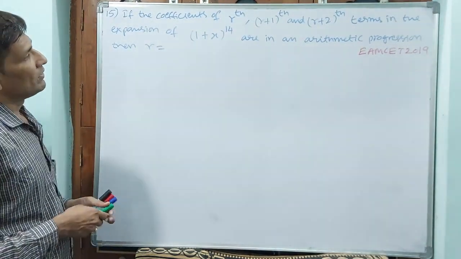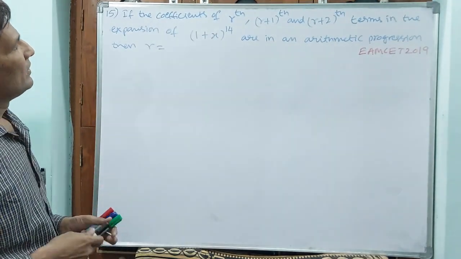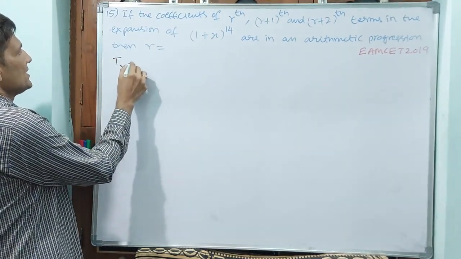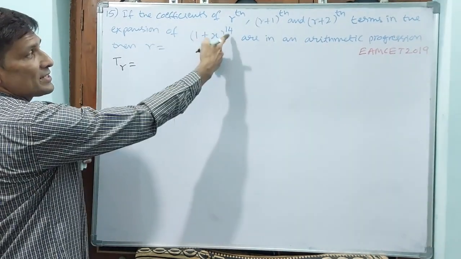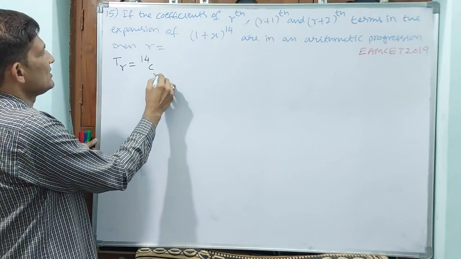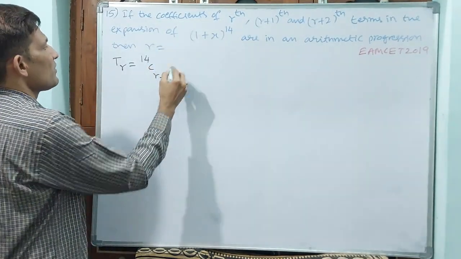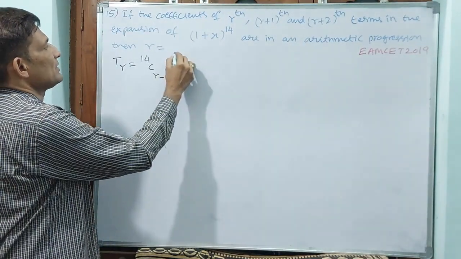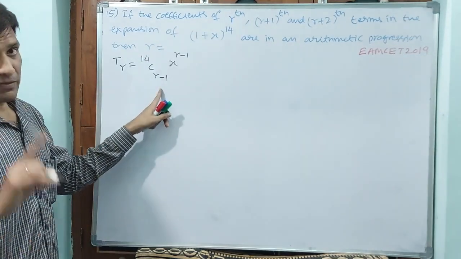Okay, write down. The rth term means T_r. See what I am writing. T_r is equal to 14 C (r−1), the 1 power you need not write, but x power r−1 directly. Here only the coefficient 14 C (r−1) you have to take.